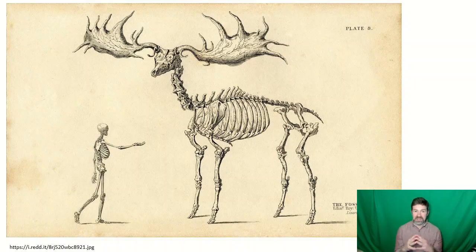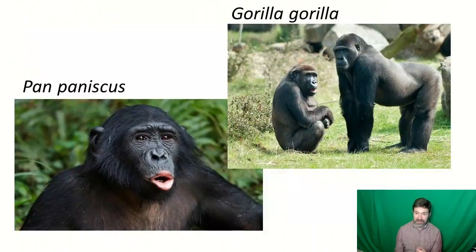Now, the problem is if having bigger antlers gives you more success for display, attracting females, and for combat, what if they get too big, right? We think that this is probably why this species went extinct, because the antlers got so large, meters across, that it became such a hindrance that they didn't survive anymore, right? So this can drive a species into the ground if you get this idea of runaway sexual selection, right?